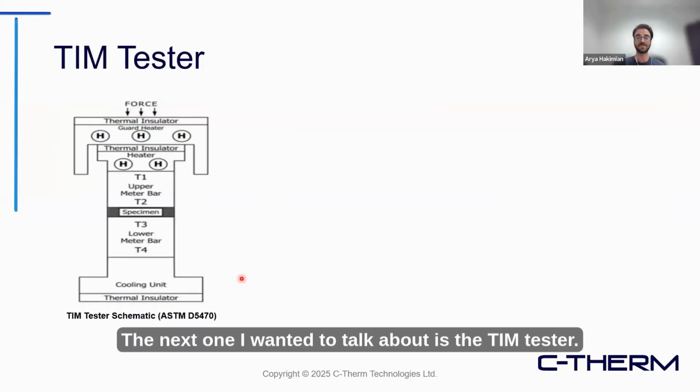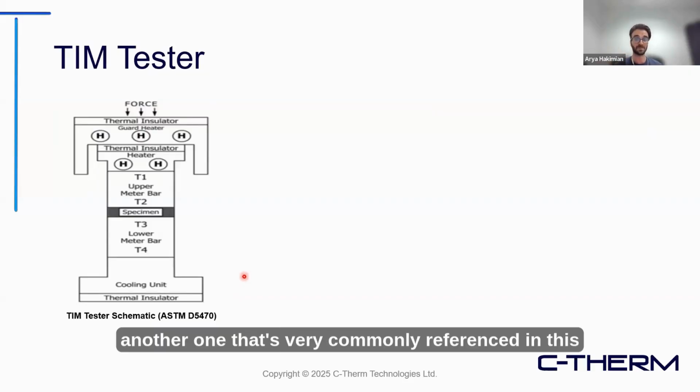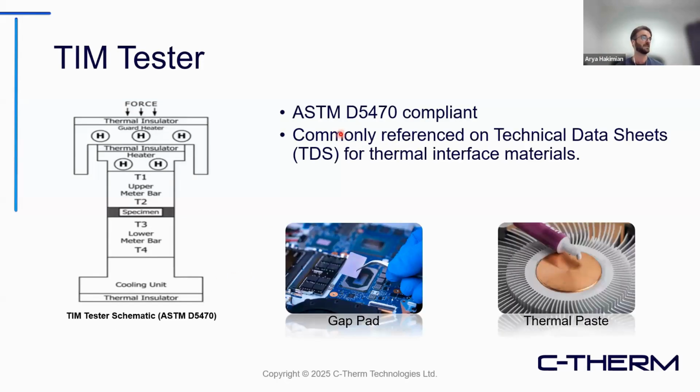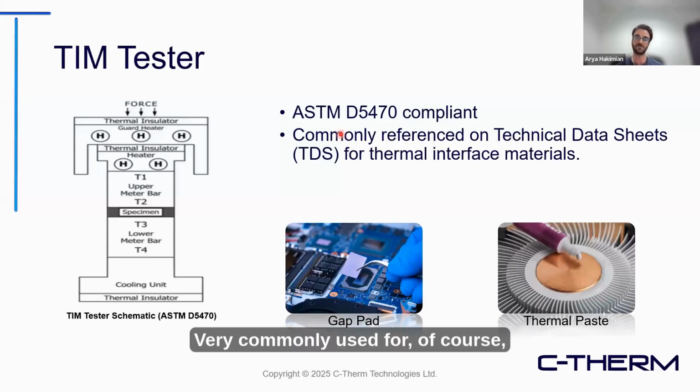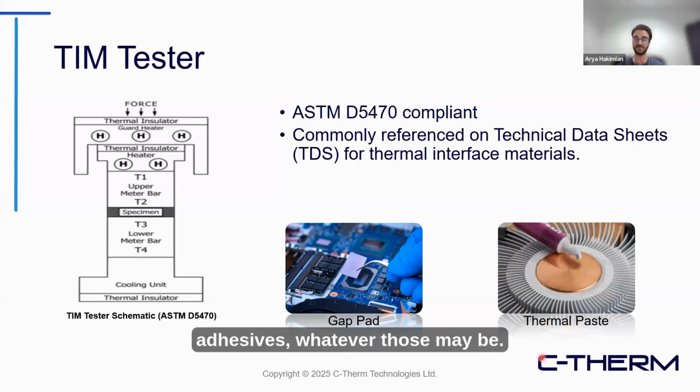The next one I wanted to talk about is the TIM tester. Again, another one that's very commonly referenced, in this case, of course, for the D5470 compliance. Very commonly used for thermal interface materials, or TIMs. It is a TIM tester for your gap pads, thermal paste, grease, adhesives, whatever those may be.